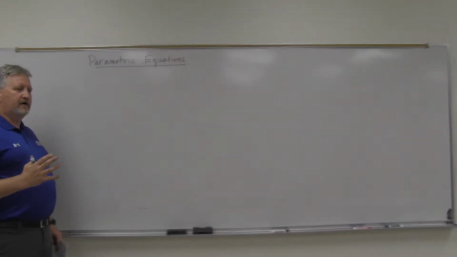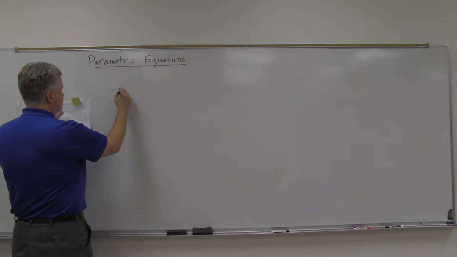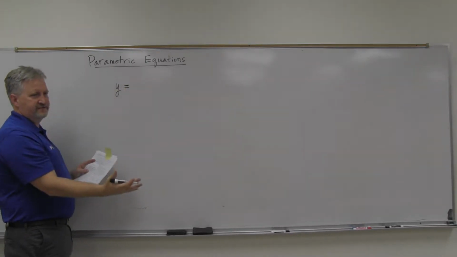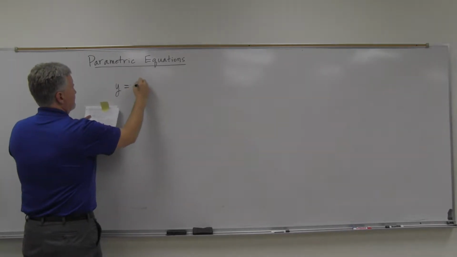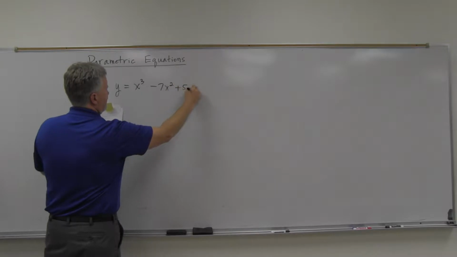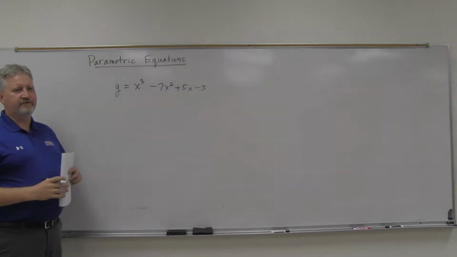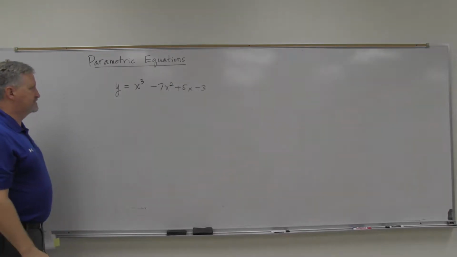First of all, what we've been mainly most often dealing with are y equals functions of x. Let me just put one up here: x cubed minus 7x squared plus 5x minus 3. A very simple equation; we've dealt with a lot more complicated ones.